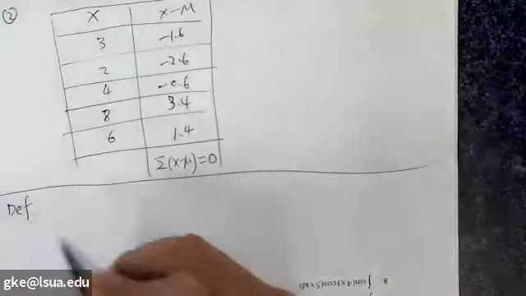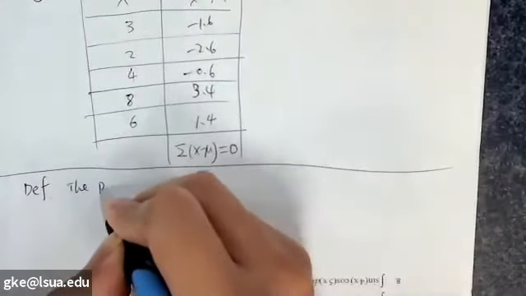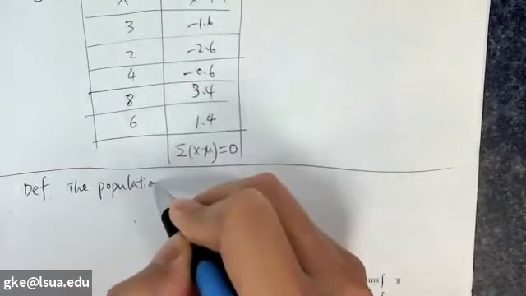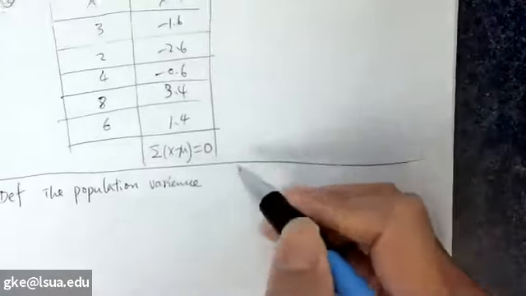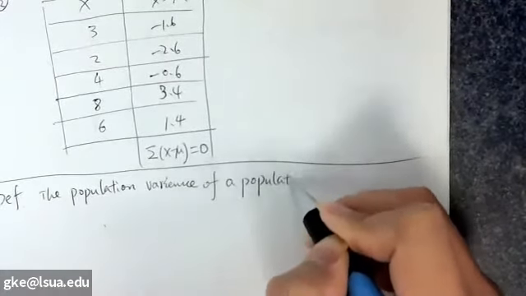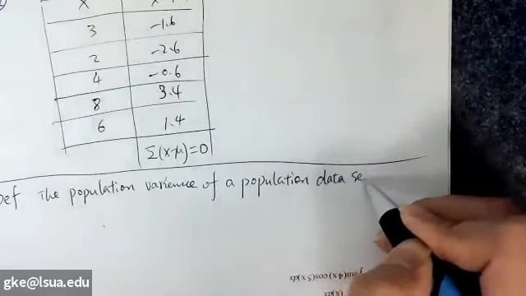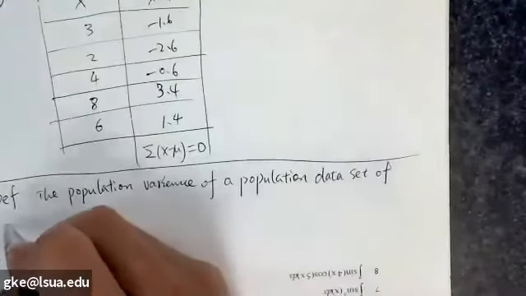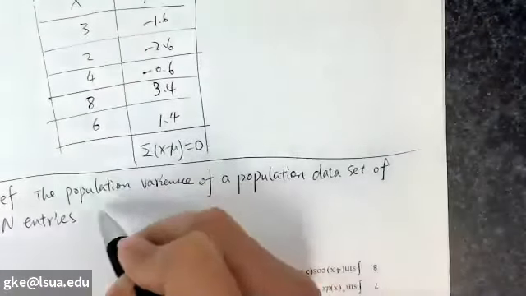Definition. The population variance of a population data set of n entries is what?